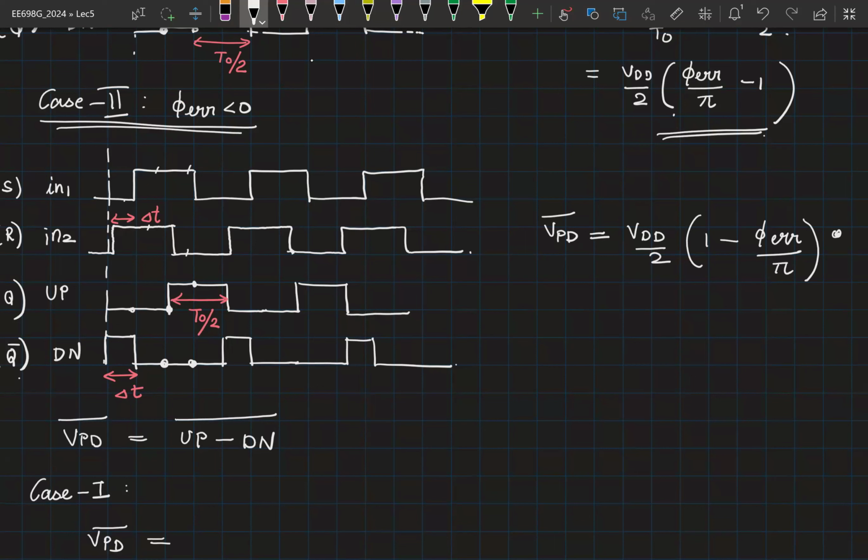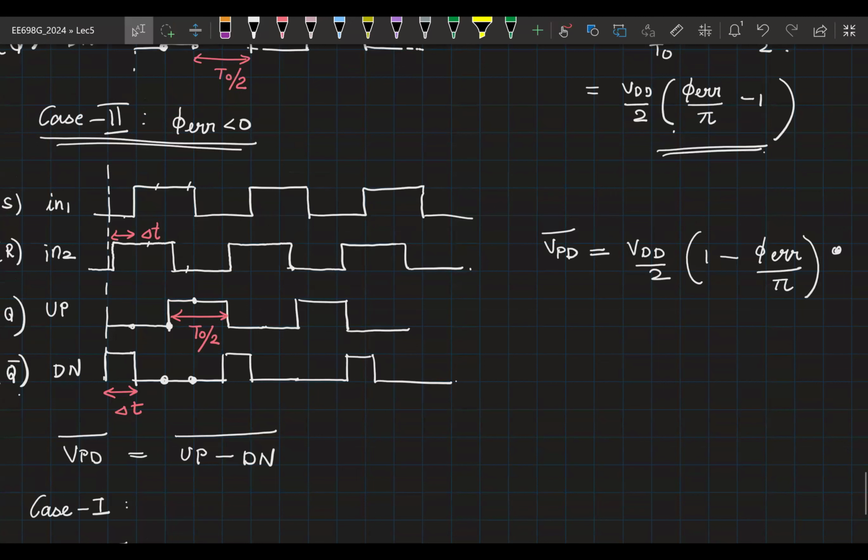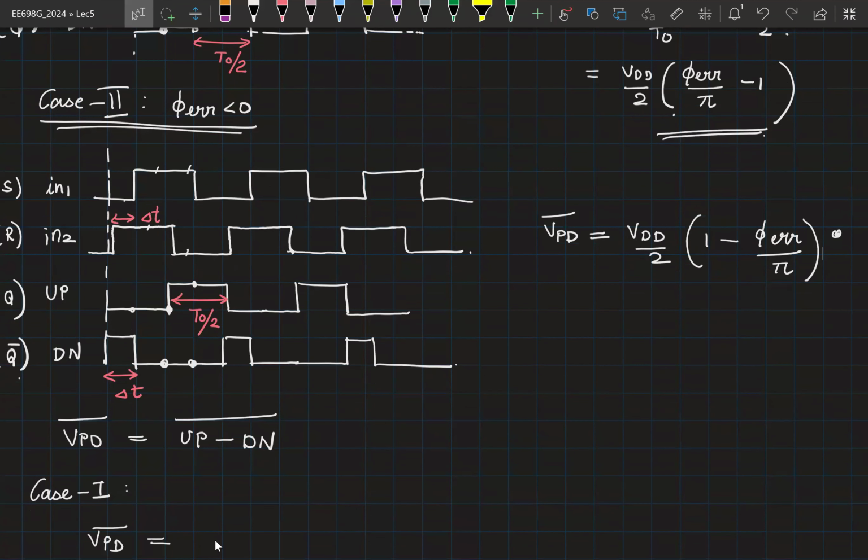Yes, relatively negative, right? We have assumed that the into is now leading in one, which means the phase error is a negative value, right? But in the calculation, we have already taken that into account. When we plotted these waveforms, we have already taken that into account. So you should put a, just to be safe, I'll put this.